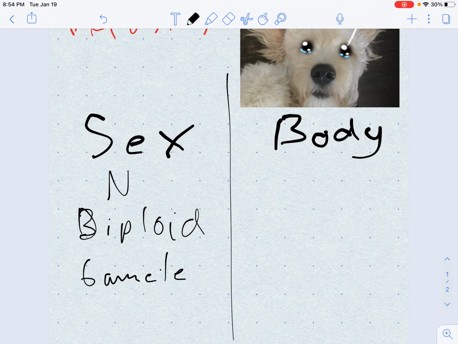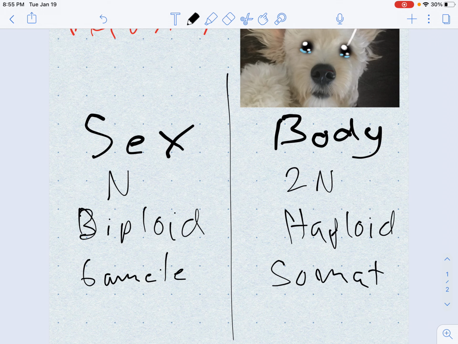We've got body cells, which are 2N, and this N is essentially saying that there's a normal amount, like 2 sister chromatids. They're diploid, and we also call them somatic cells. These are the main names that we're going to be using in AP biology, and it's pretty important to know.